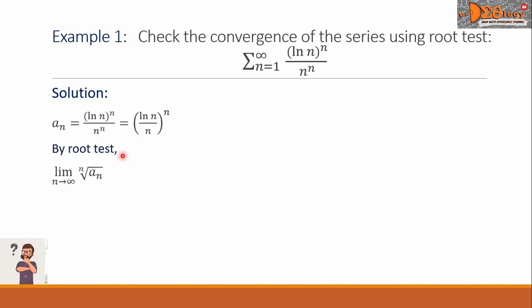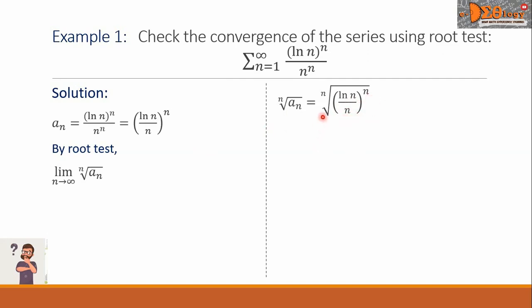Now, by root test, we write the limit as n approaches infinity of the nth root of a sub n. First, let us simplify this expression, the nth root of a sub n. Let us substitute the corresponding value. So we have now the nth root of ln n over n, and the fraction is raised to power n.